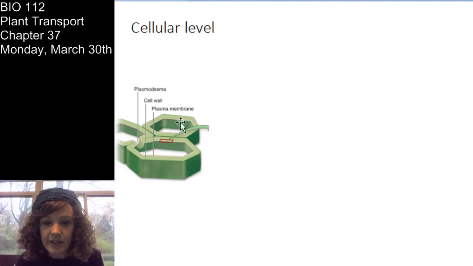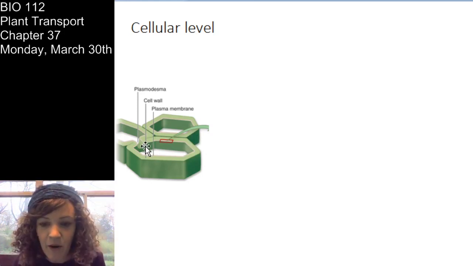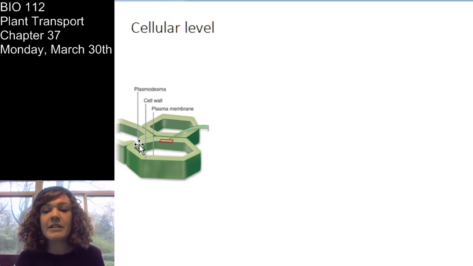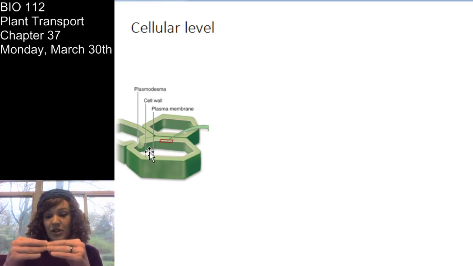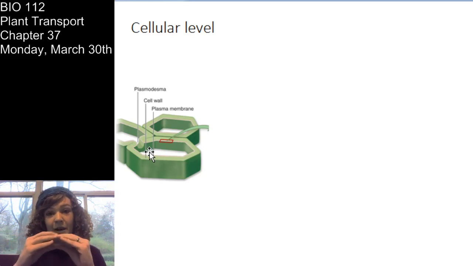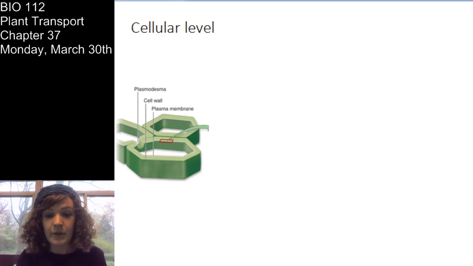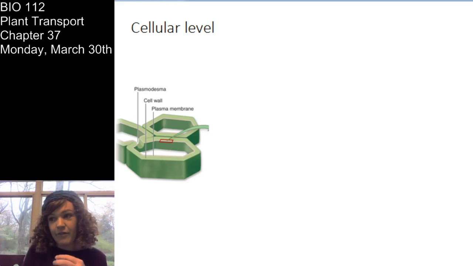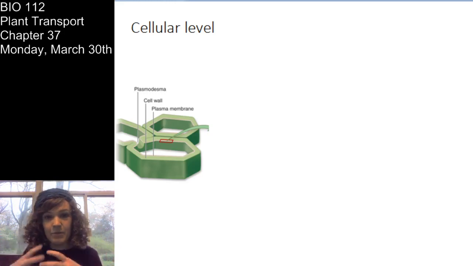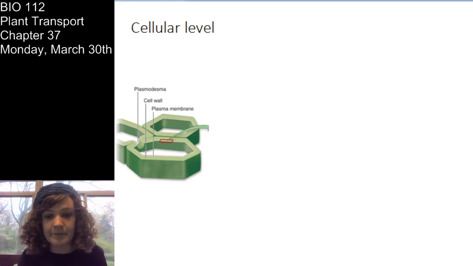Here are some cells. You have your plasma membrane and the cell wall, and basically a continuum of cytoplasm. You have these junctions which are open. Those are plasmodesmata in plants. So you actually have a continuation of cytoplasm through the plant via the plasmodesmata.